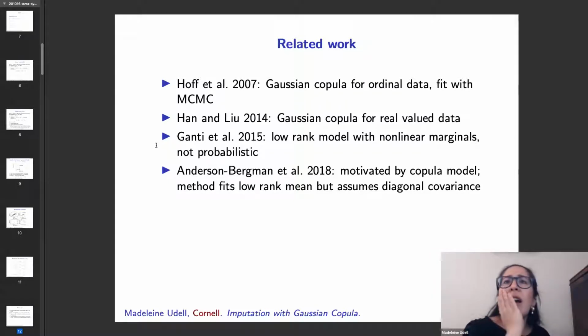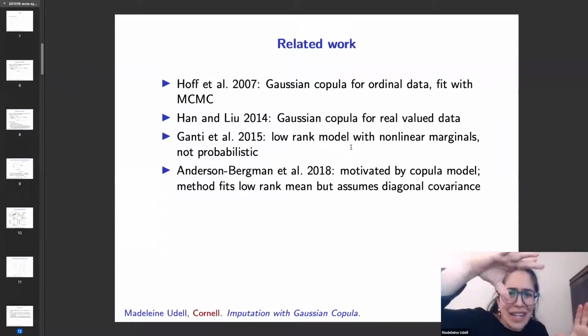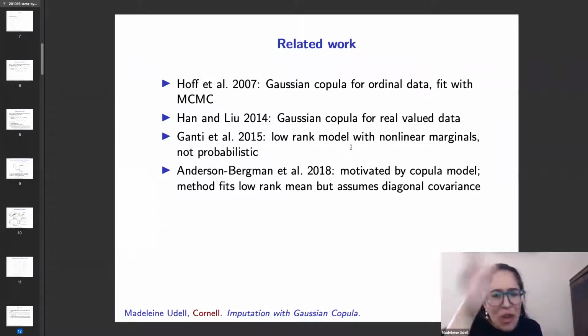Ganti et al. proposed a model. This was with Becca Willett and Laura Balzano, I think. They proposed a low-rank model that used nonlinear marginals. The motivation is very similar: maybe the data has some underlying latent structure, and there's some nonlinear transformation on top of it that maps you to the data that you see. But that model was not probabilistic, and they fit it with alternating minimization.